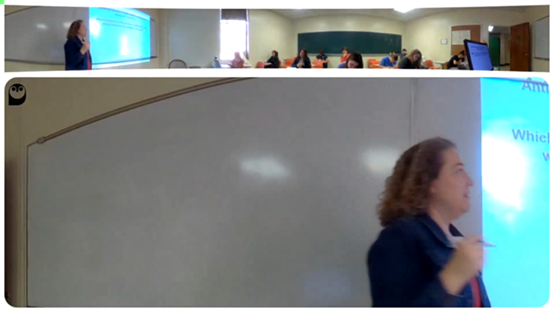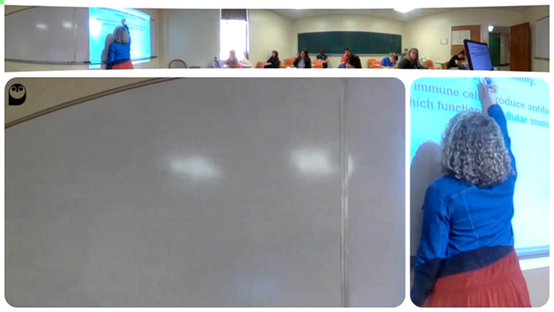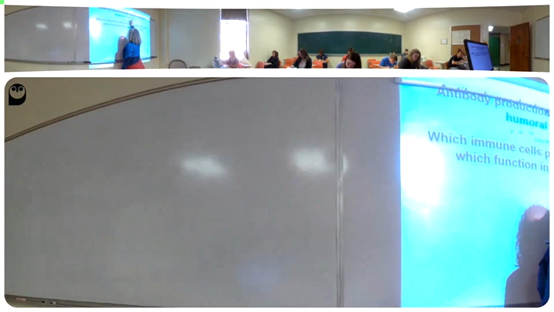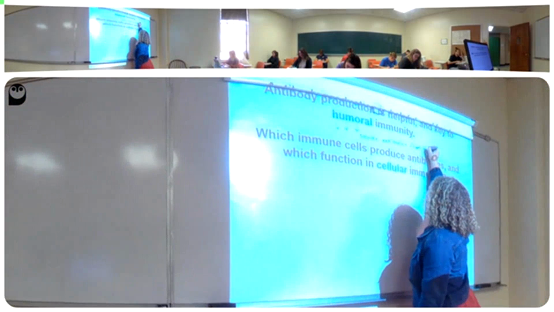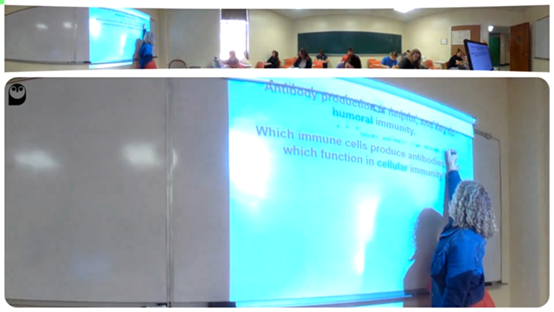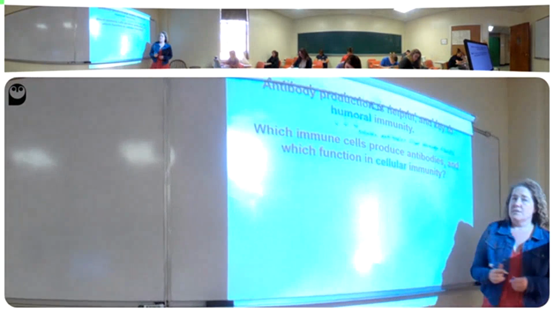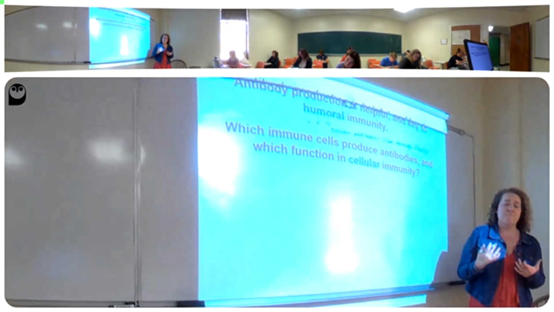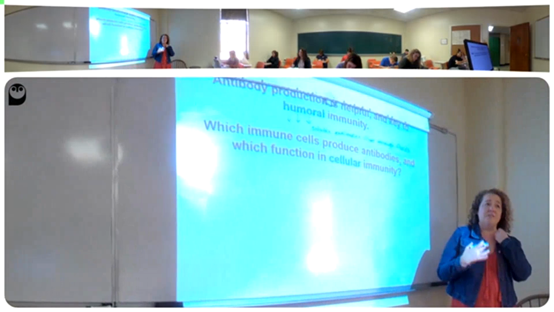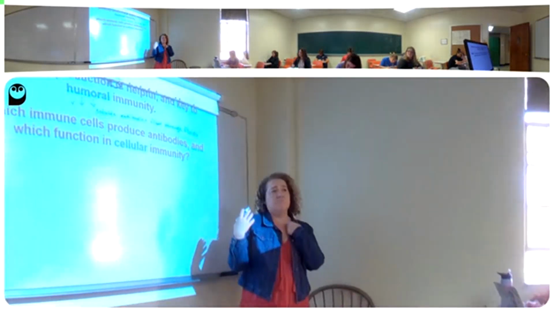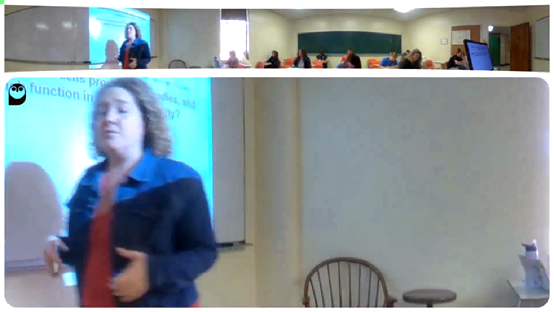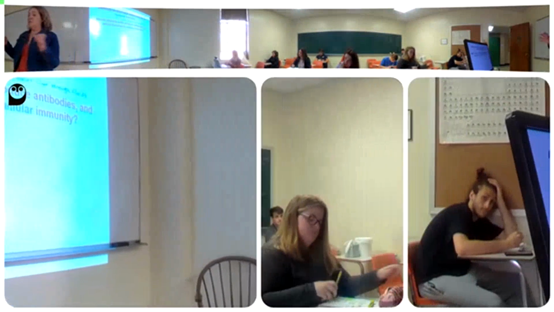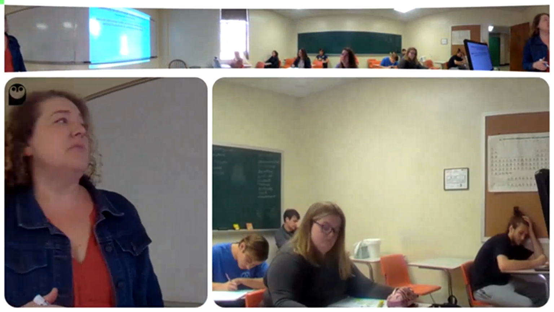And humoral immunity comes from soluble antibodies floating through fluids. So that's the immune system that's helpful in blood and in tears and mucus and saliva and breast milk and amniotic fluid, all the fluids of your body. That's humoral immunity.